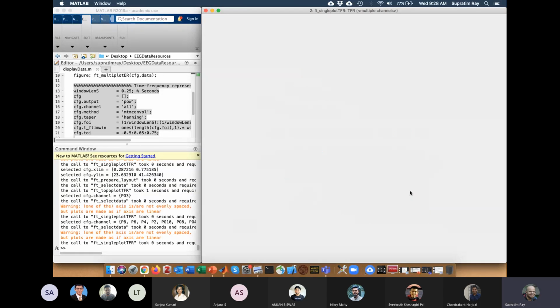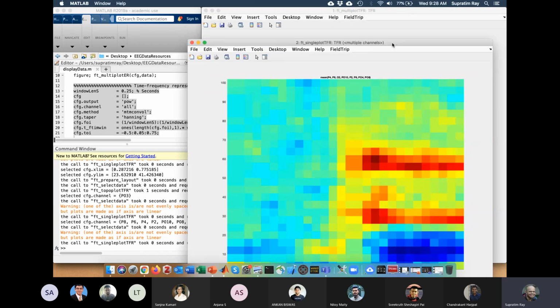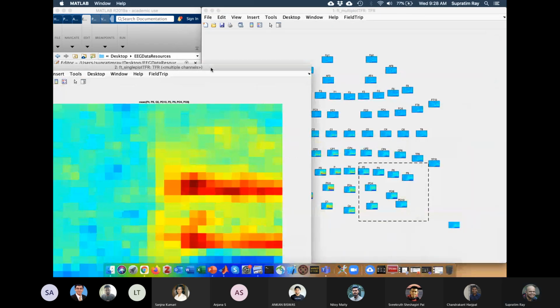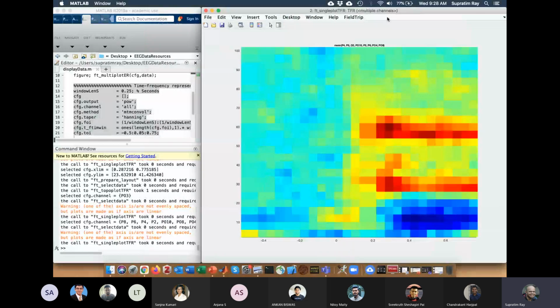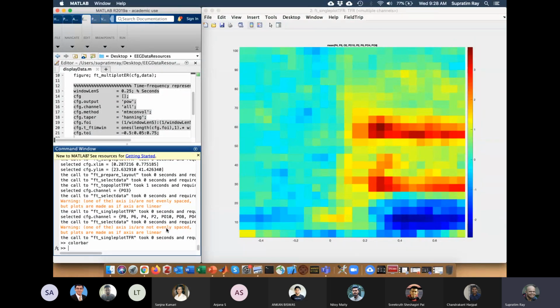So if I choose these ones, you would see this more strong alpha suppression, and then there is gamma here as well, but it's not as strong as the gamma on the other side. So in fact, now here if I do a color bar, will it show me a color bar? Huh.